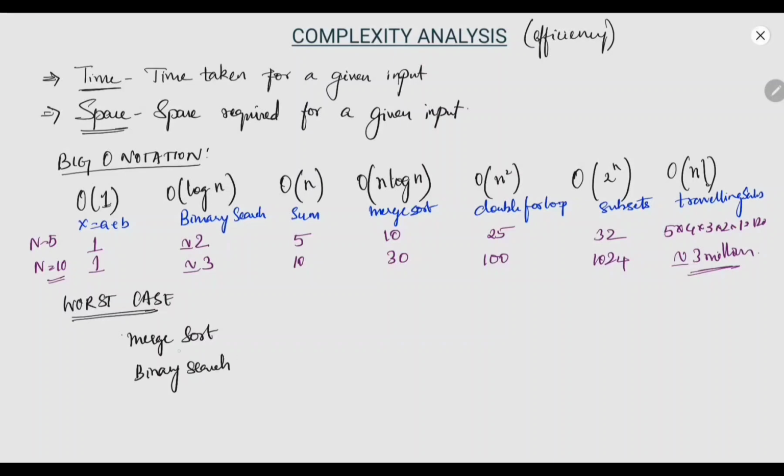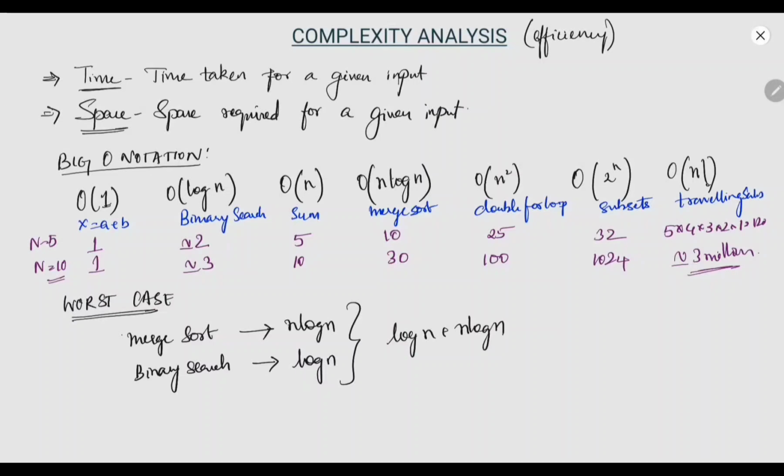In that case, this particular section will take n log n, whereas the binary search will take log n. So we would call out the combined time complexity as log n plus n log n.